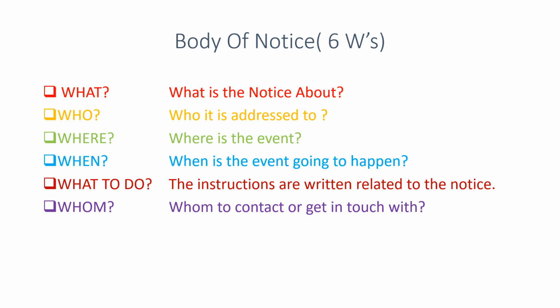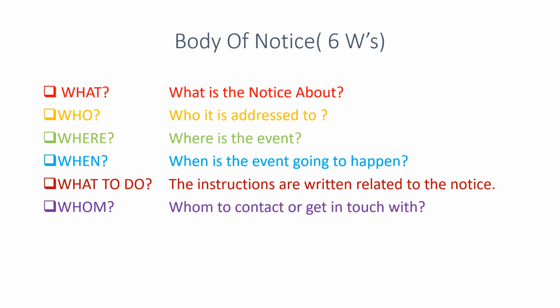Third one is where. If the notice is for an event, then the location of such an event is clearly mentioned. Fourth one is when. When is the event going to happen? You should clearly mention the time and date of the event.